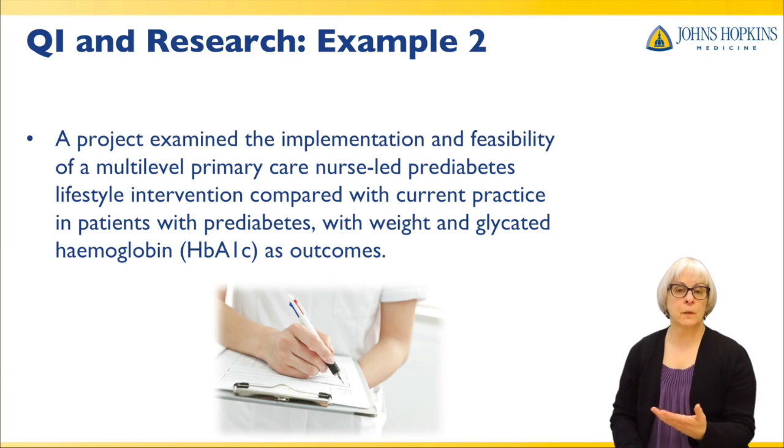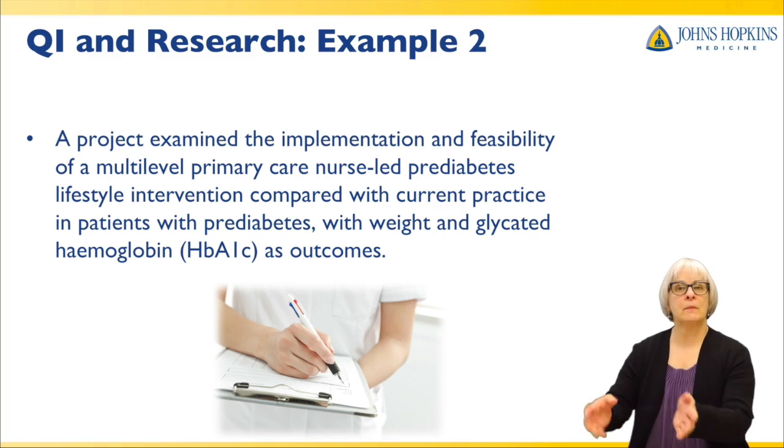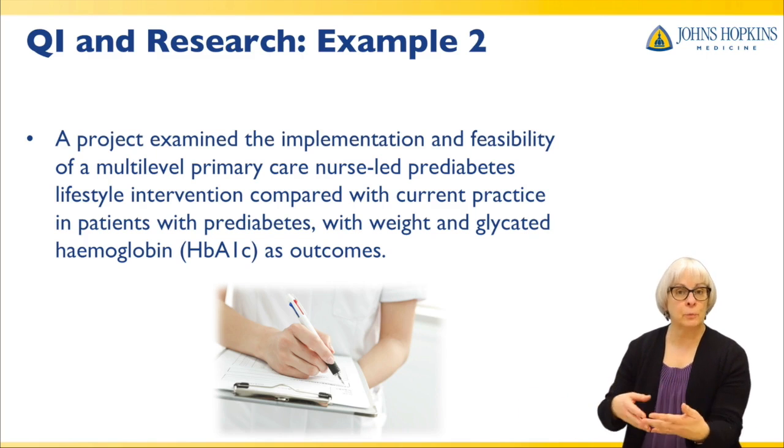So this would be something where if they achieve success, because they're examining the implementation and feasibility as well as those outcomes, this would be directly affecting quality improvement. So this is the type of quality improvement research that's done to get that evidence that other teams can then employ in their clinical setting in a quality improvement project.